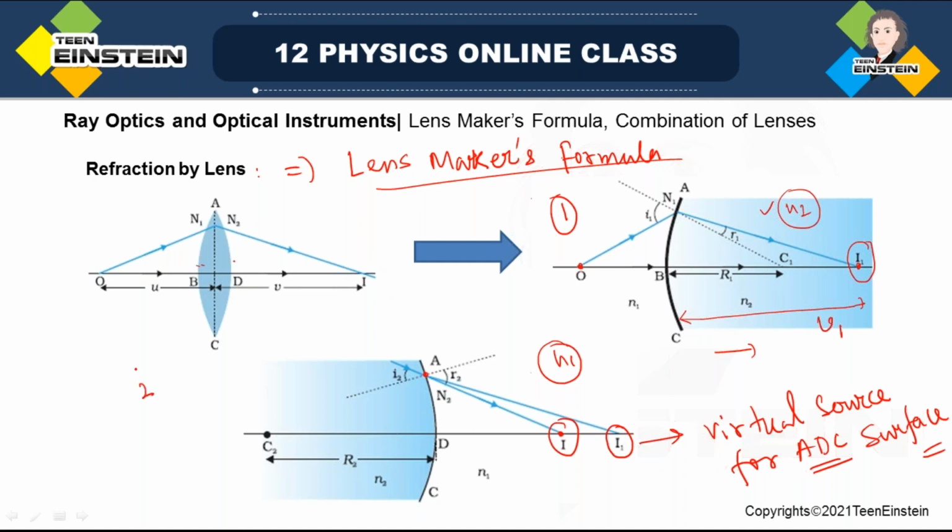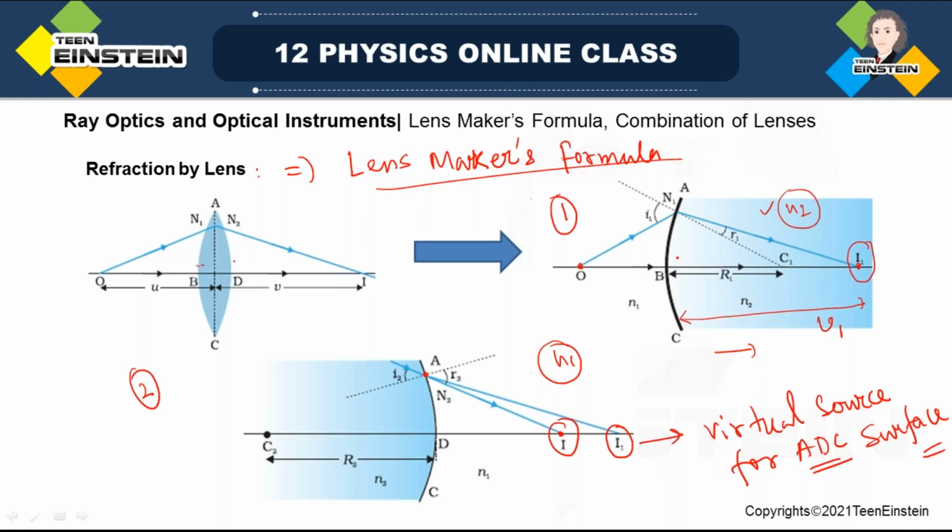It can be thought of as a two-step process. In the first step, refraction happens at the AB surface, where a real image will be formed at I1.